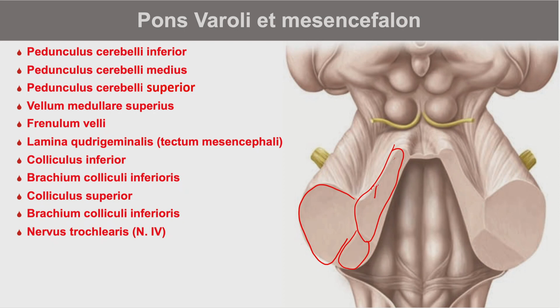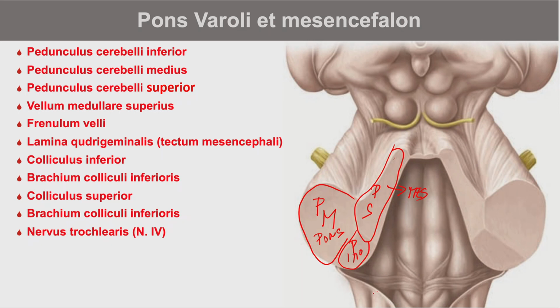This is the pedunculus superior, pedunculus medius, and pedunculus inferior. And this is communicating with the mesencephalon, this with the pons, and this with the medulla oblongata. So those are white matter.